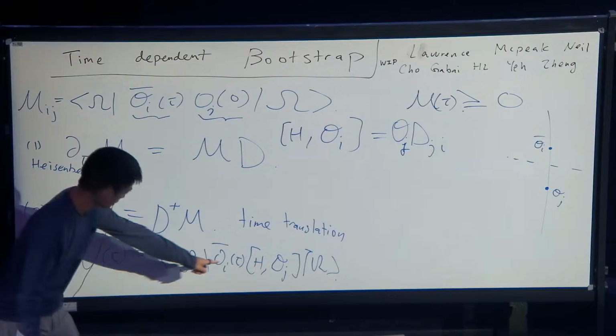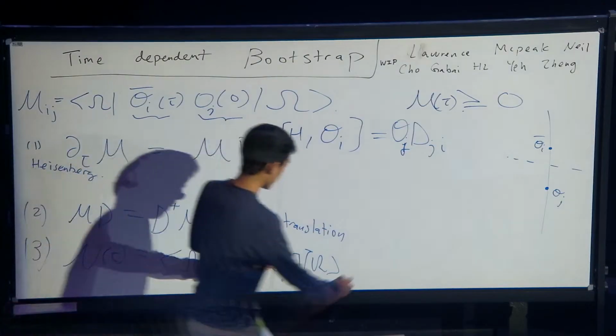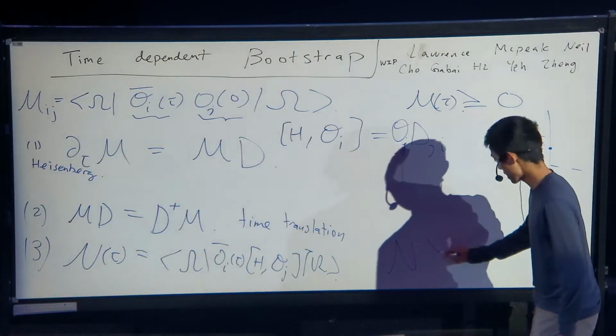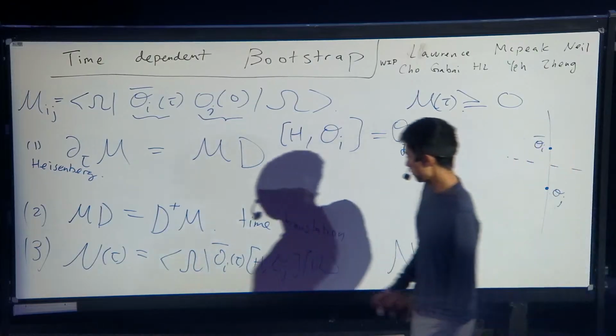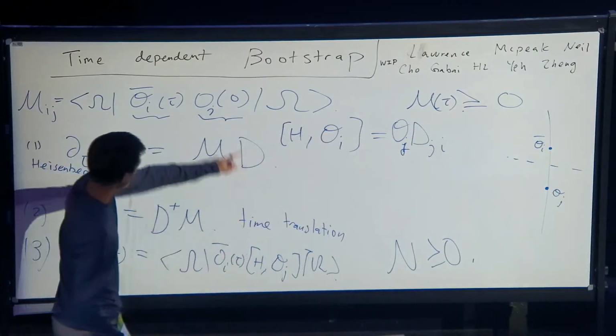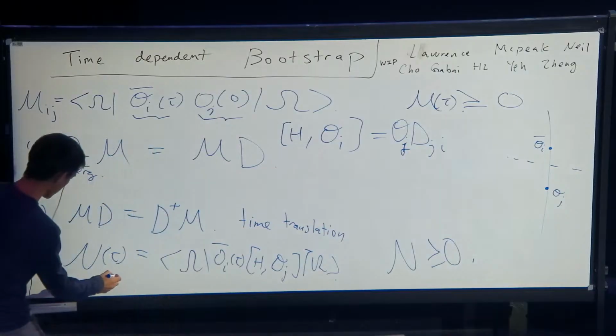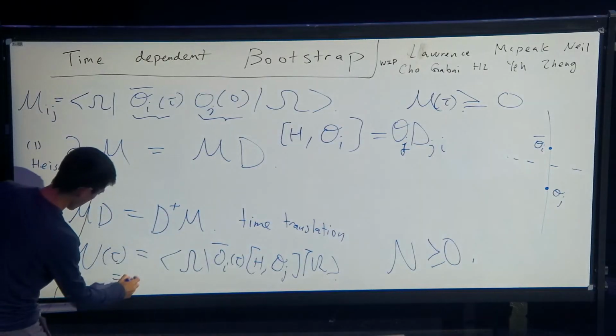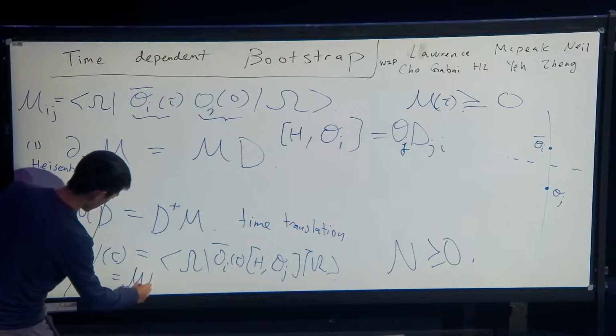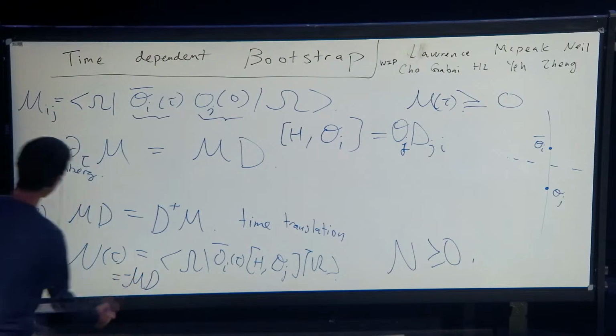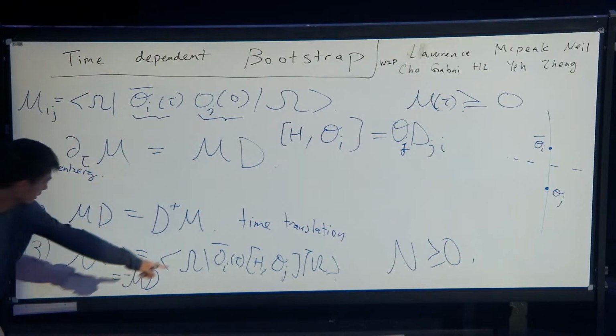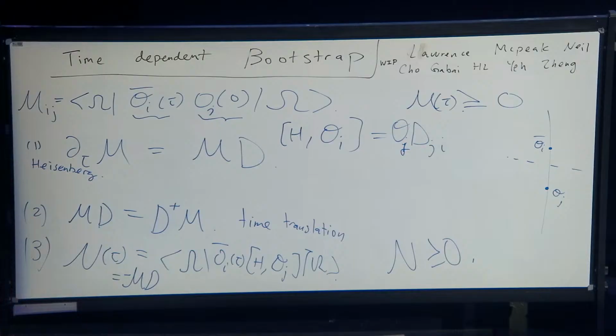The only difference now is that it's time dependent. And this matrix N is positive semi-definite. As you see from the definition here, this matrix N is simply related to MD. It's basically, sorry, minus MD. It's basically the time derivative of M.